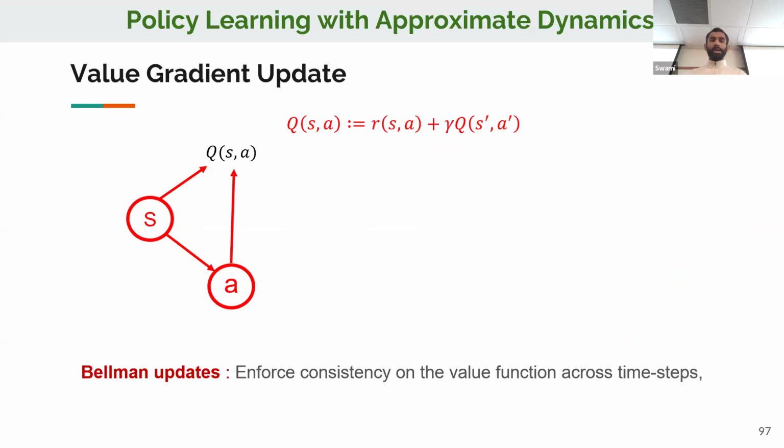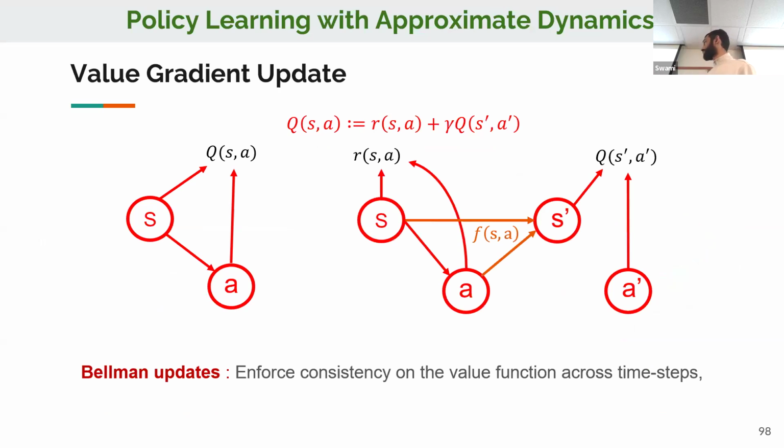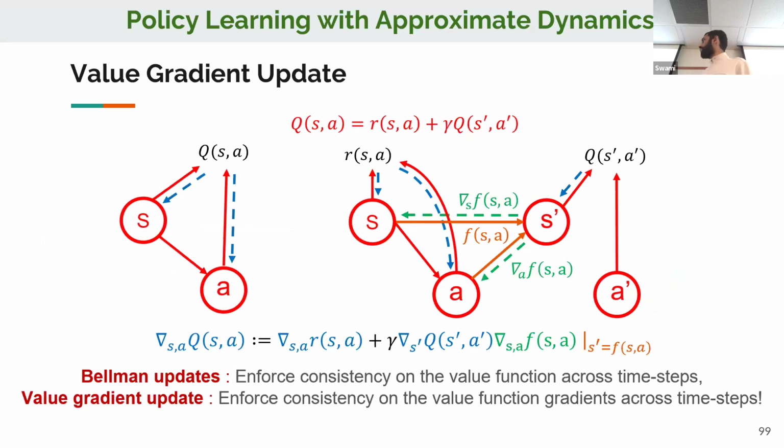And what we say here is that instead of simply enforcing a consistency on the value function across time steps, which we do with, for example, the Bellman error, or minimizing the Bellman residual across the Q function at the current time step and some rolled out Q function, we argue that you should also be enforcing consistency on the value gradients across these two Q functions. You should also be enforcing value gradient consistency across these time steps.